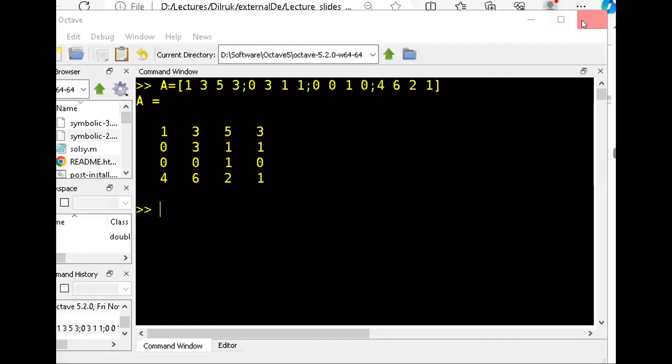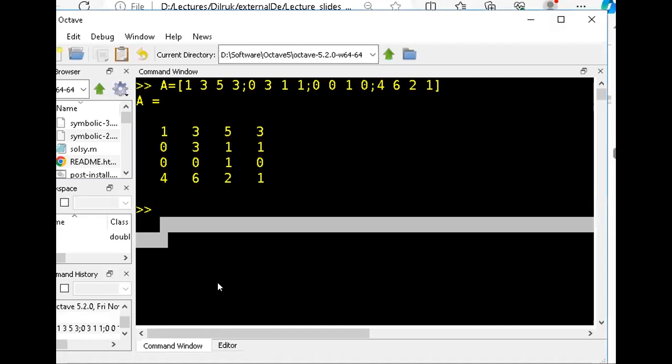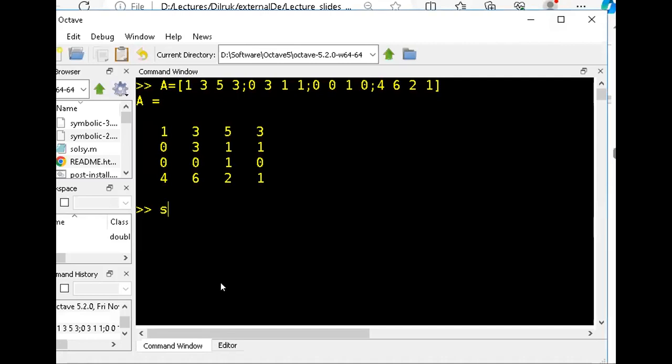Cool. So I entered the matrix. If I want to find the dimension quickly, these are the basic syntaxes. Let's play with these. Use size if you want to get both the number of rows and columns.